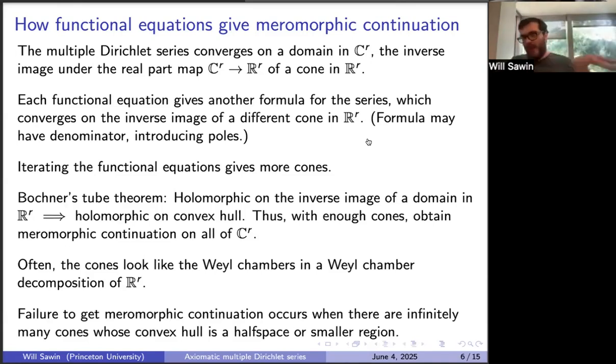Their convex hull might be only a half space, or a very big cone with a bunch of smaller cones inside it. You always have infinitely many in this case, because for any finitely many cones, you can always make a next cone after it with a functional equation. But with infinitely many cones, you can get stuck converging asymptotically to something.